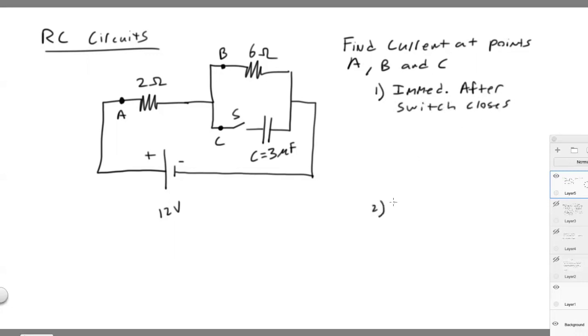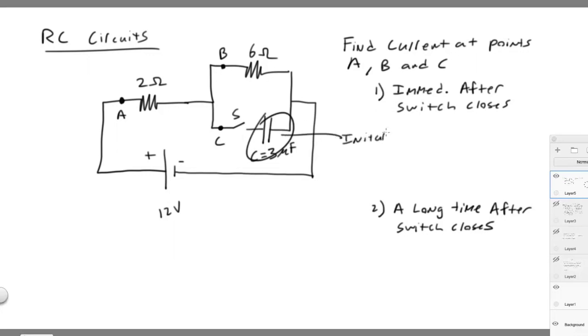And then we're going to do it again for a long time after the switch closes. Oh, and I want to specify this capacitor is initially uncharged, which is important. So there's no charge on that capacitor at the beginning of this situation when the switch closes. Capacitor starts uncharged.